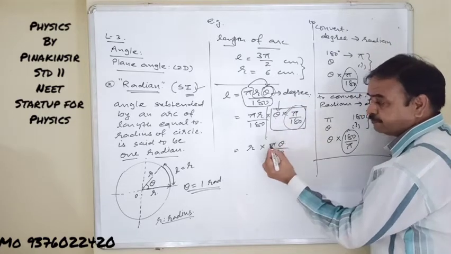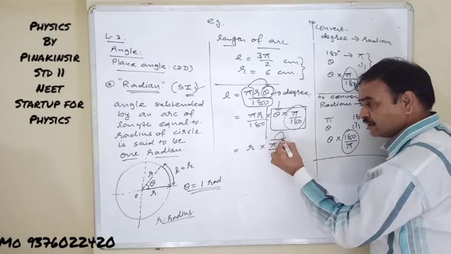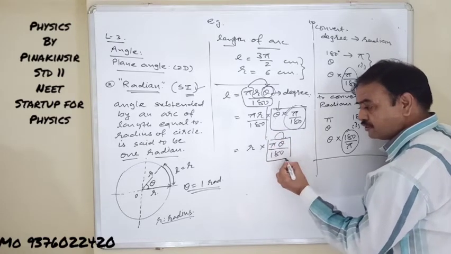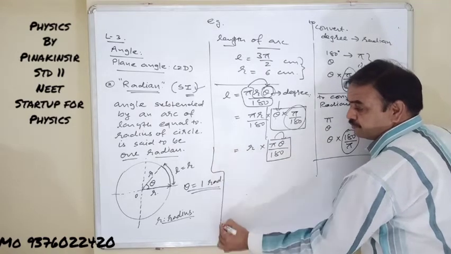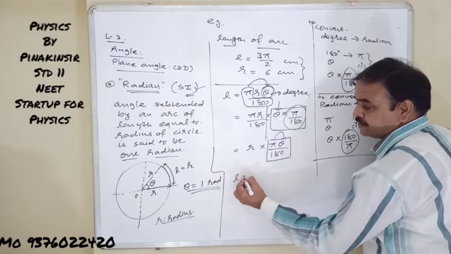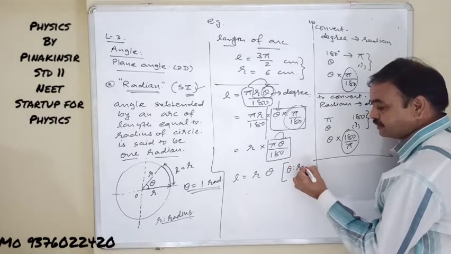Pi by 180 is there and the degree measurement is there, and thereby the total figure is already in radian. Then our formula will be L is equal to r theta, where theta is in radian.